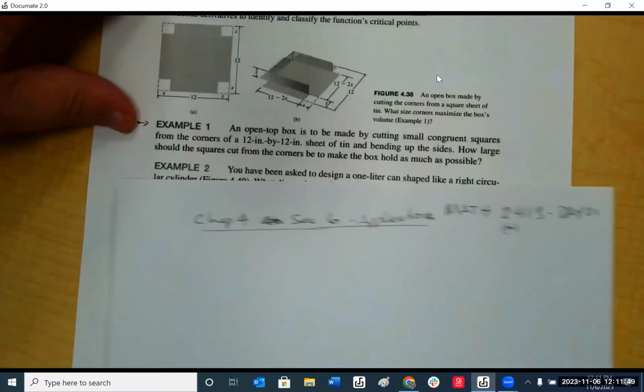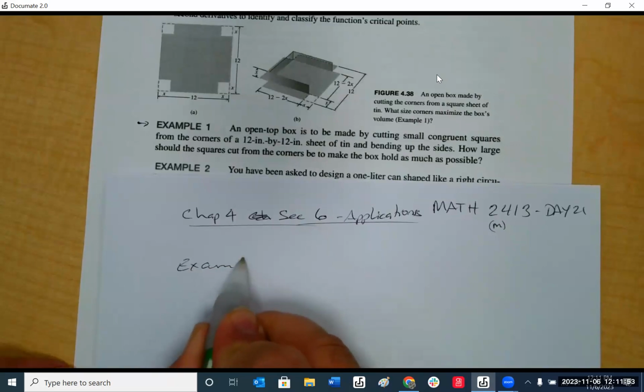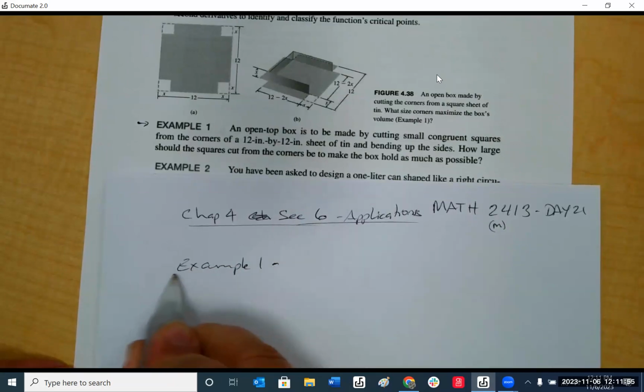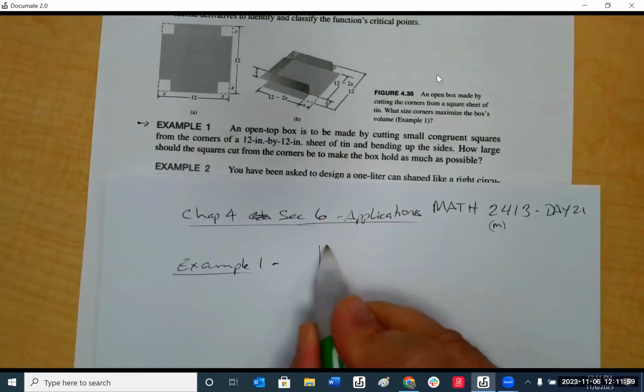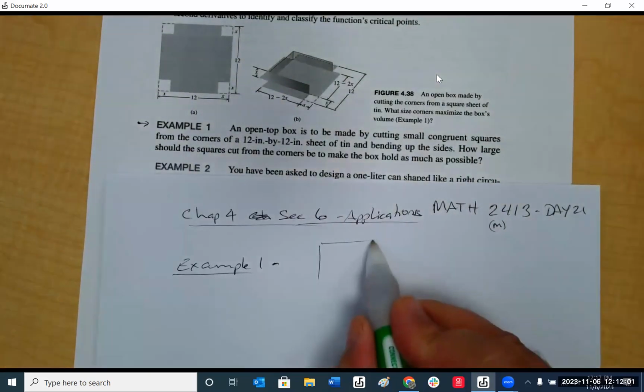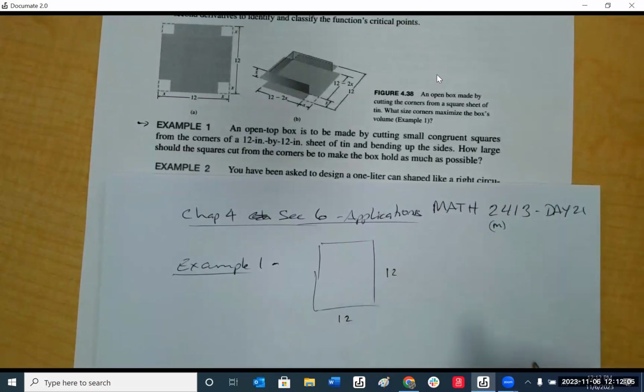So example one. They drew the picture for us. A 12 by 12 sheet of tin.